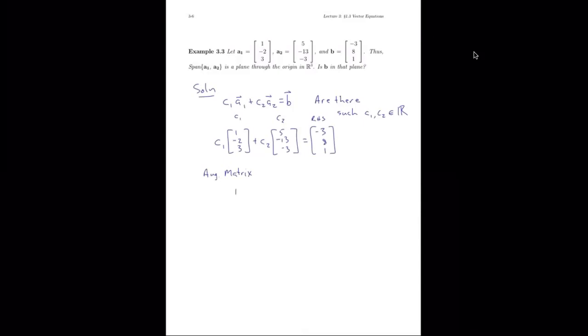So we have 1, 5, -3, -2, -13, 8, 3, -3, 1. So there it is. This is our augmented matrix for this system.